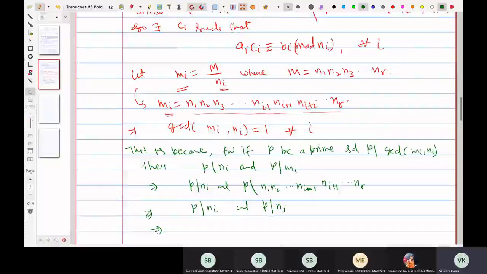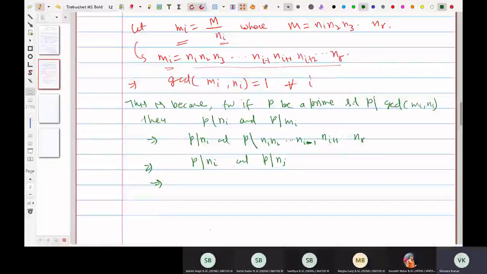If p divides the product of these, then p divides some of these n_j, with i not equal to j. So p divides n_i and n_j. Therefore, the greatest common divisor of n_i and n_j is not equal to 1 when i is not equal to j, and this is a contradiction.